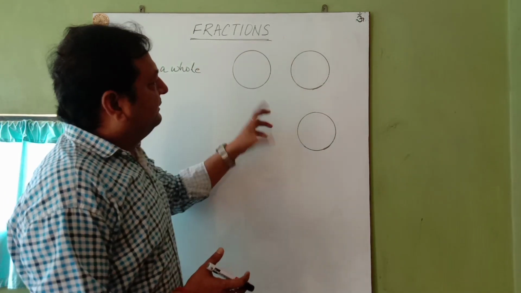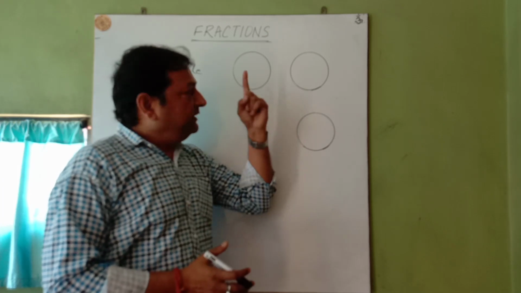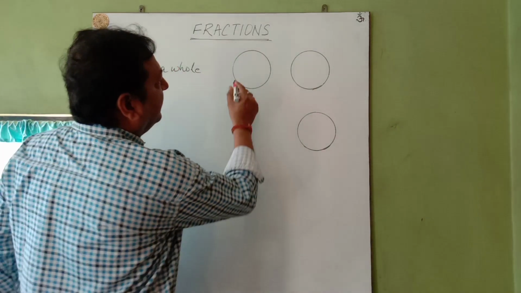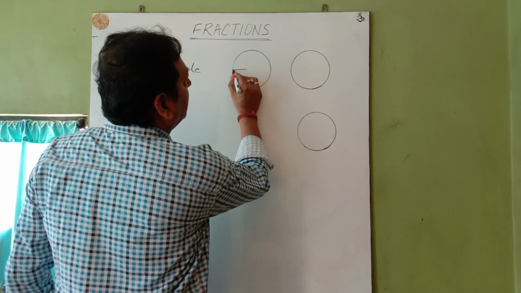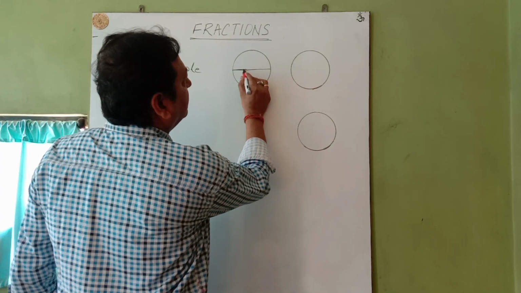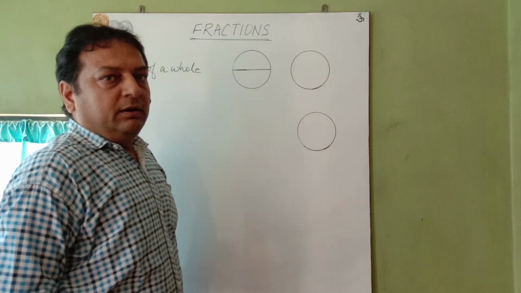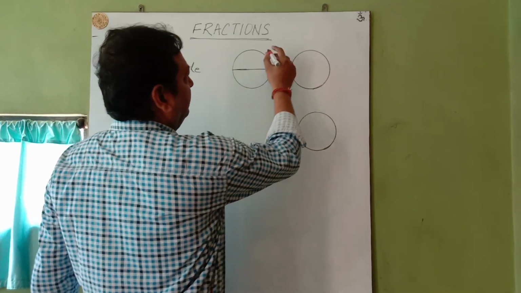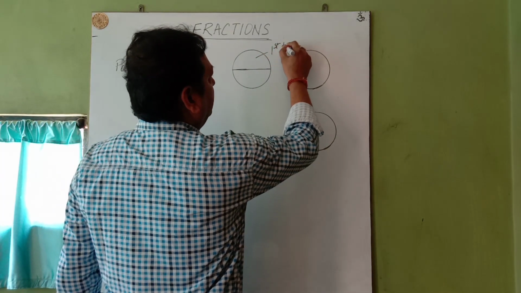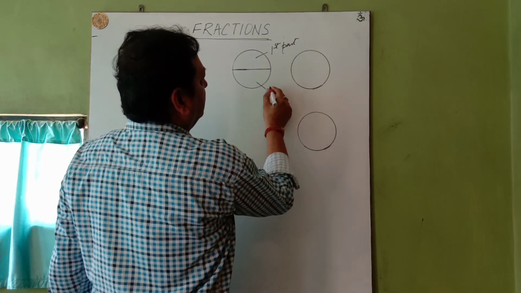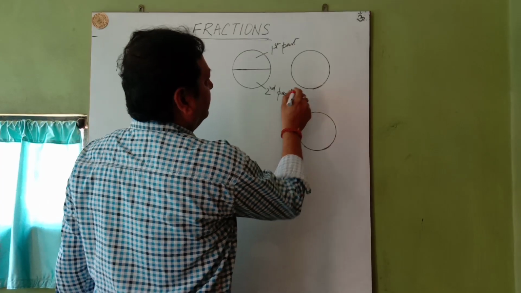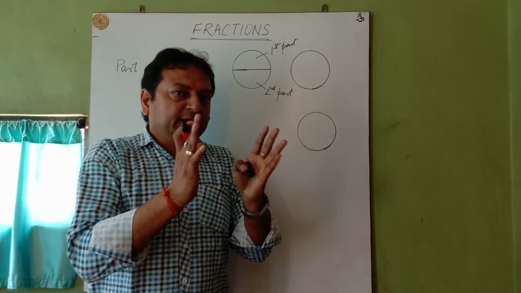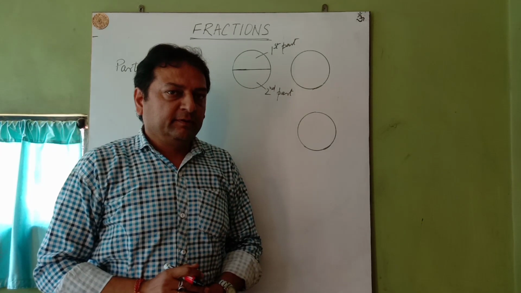But if I divide this from the middle, this cake is divided into two parts. This is the first part and this is the second part. That means one thing has been divided into two parts, right?